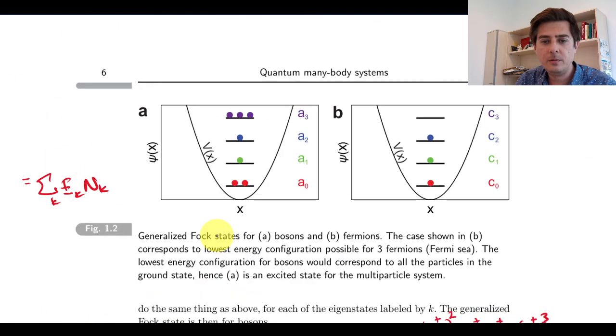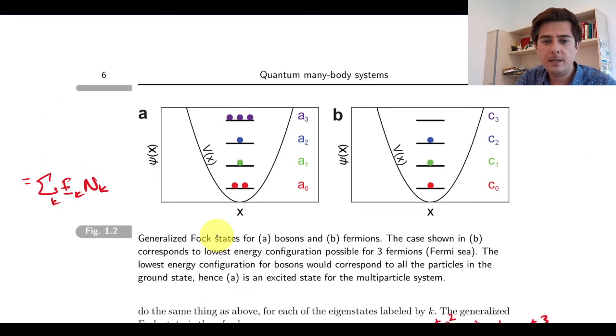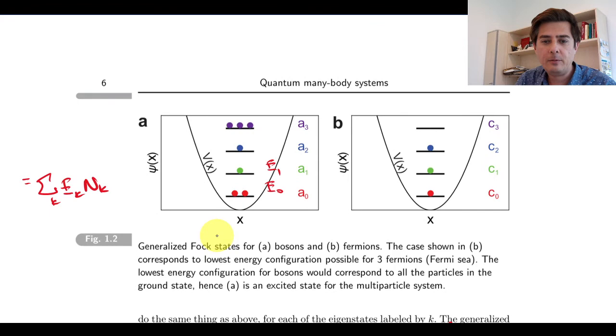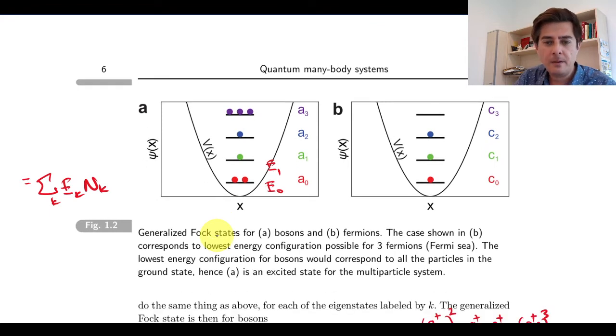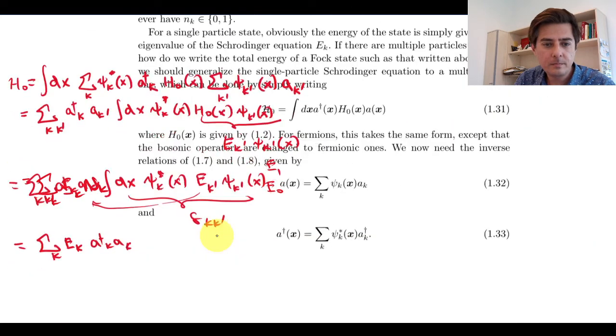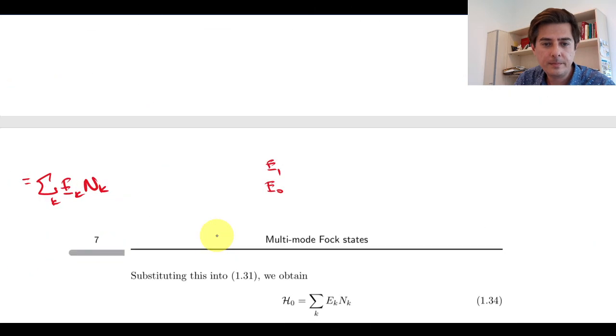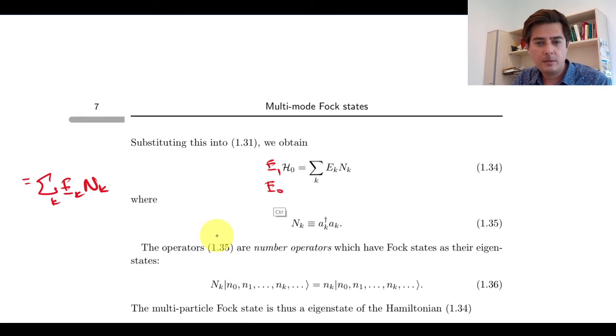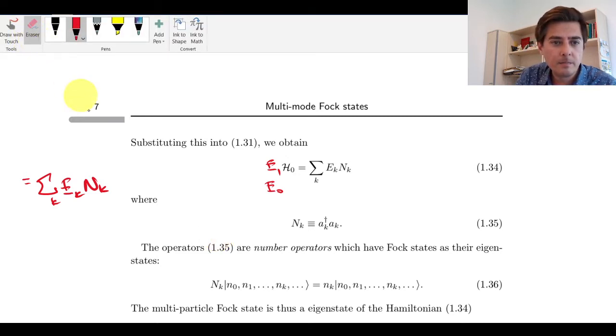So for example, if the states had energies E0, E1, and so forth, then those would be the energies of those states that you have. Okay. All right. So we've got a bit of a bug here. So let me try and rub some of these out.